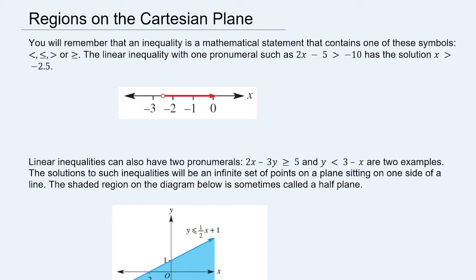We have a previous video on inequalities that talks about how inequalities work on the number line, and you can see there I've got an example of a number line. So that's just a straight number line, and you can see a couple of things about it. We can see that this is actually representing the x is greater than minus 2.5 solution. And here's our minus 2.5. You can see that it is an open circle.